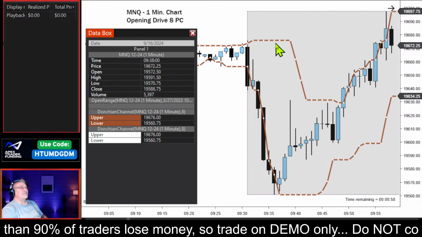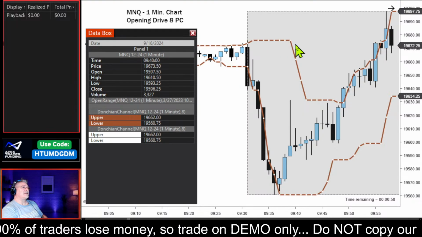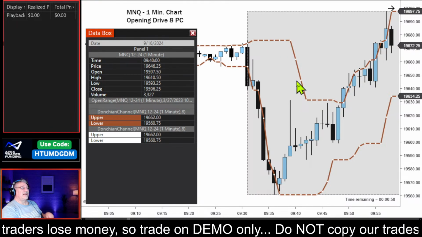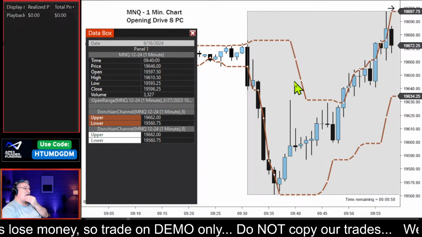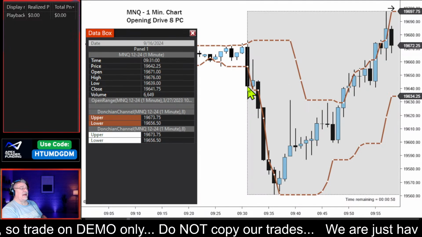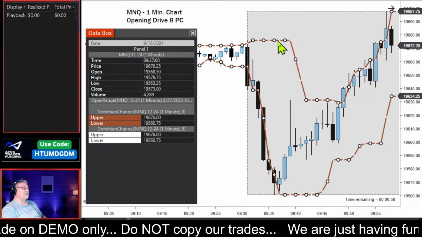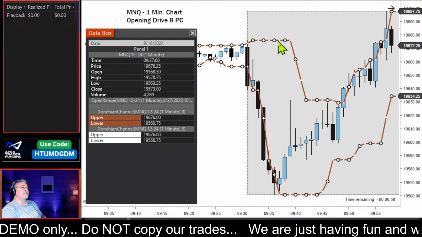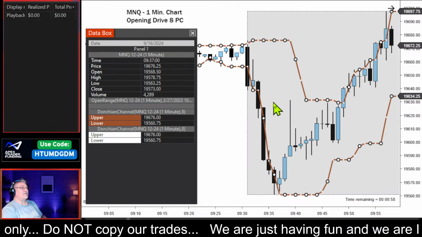The rules are simple. It's an 8-period price channel, also known as the Donchian channel. First candle after the open at 9:30 to close outside of the channel. And in order to get a close outside the channel, just so that you guys know, you need to set a displacement of 1. Let me show you the settings.